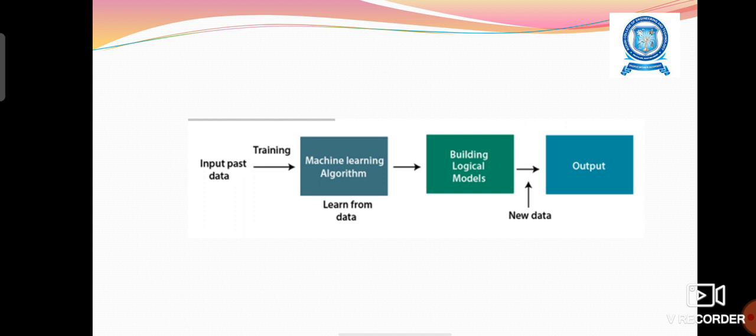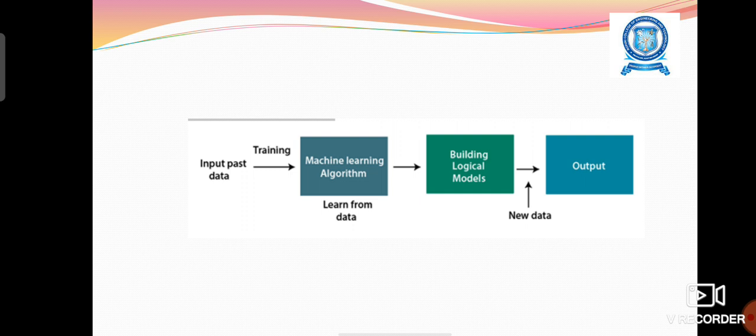In machine learning, the data set is very important. The data set means the historical data, or the data about the particular area in which the system is going to solve a problem or predict something. The machine learning algorithm will first study the data set and make a logical model.